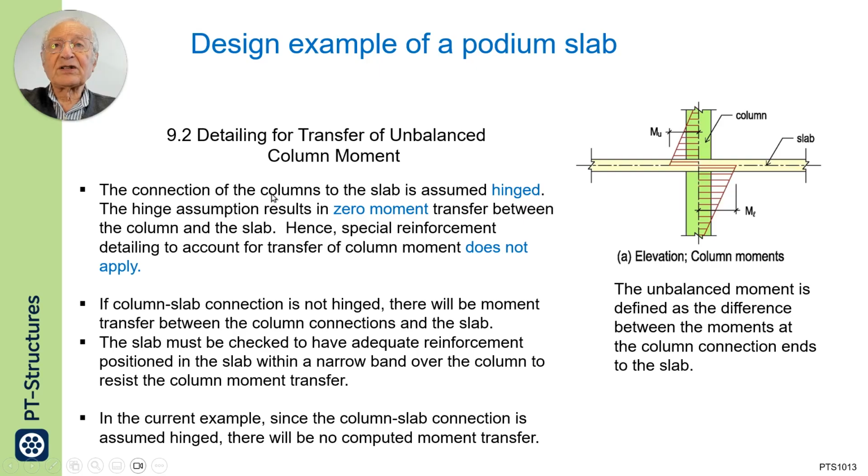So the connection of the columns to the slab is assumed hinged in this case. Because we assumed hinged, the hinge assumption results in zero moment transfer between the column and slab. Hence, special reinforcement detailing to account for transfer of column moment does not apply.